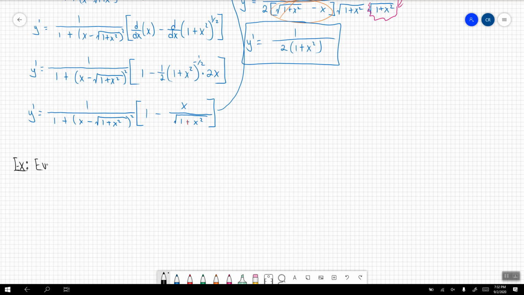So we want to evaluate the integral. Part A, this is going to be the integral of 1 divided by the square root of 1 minus x squared, and then the denominator is still going to be multiplied by sine inverse of x, and this is all dx.